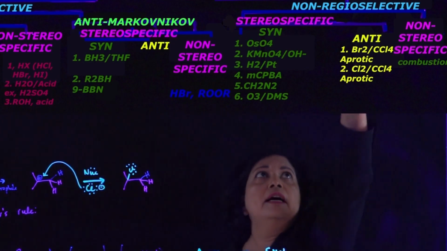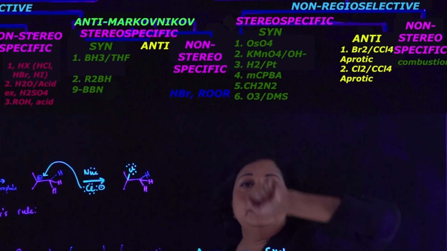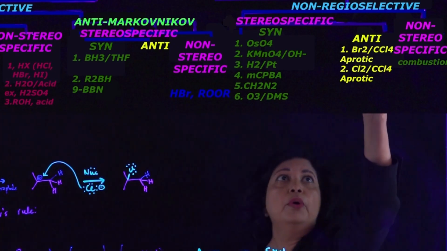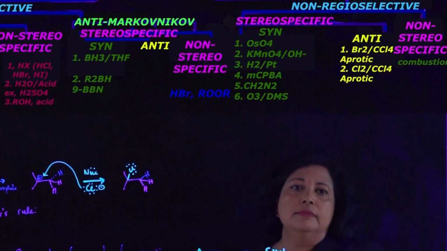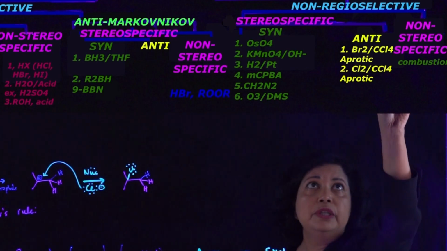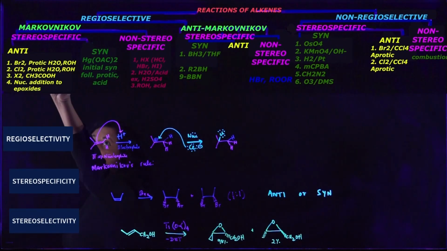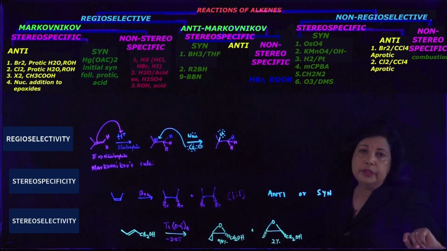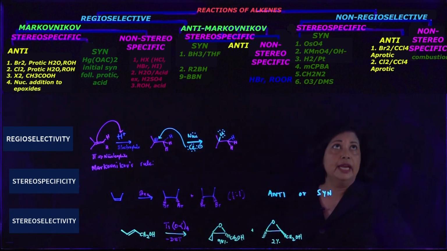We would also have a non-regioselective reaction that is anti-stereospecific with bromine and chlorine in an aprotic solvent. So there is a difference when you have halogens in aprotic versus halogens in protic solvents. And we would discuss the reasons using the mechanisms of the reaction.